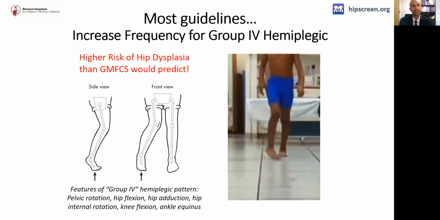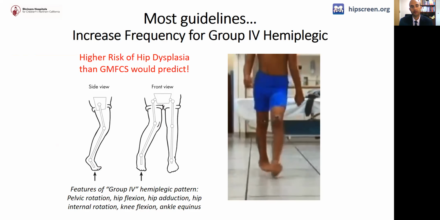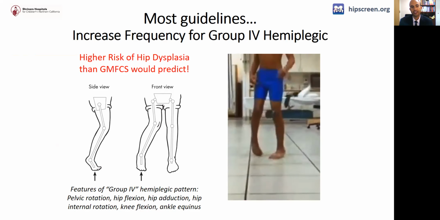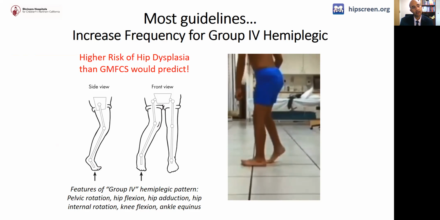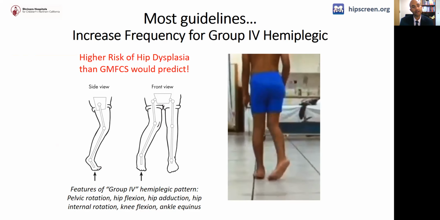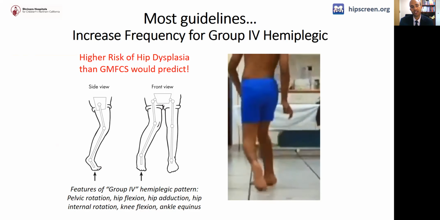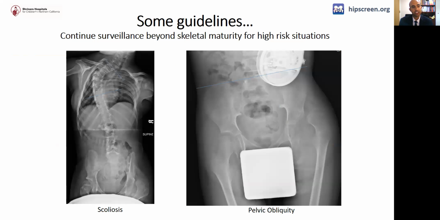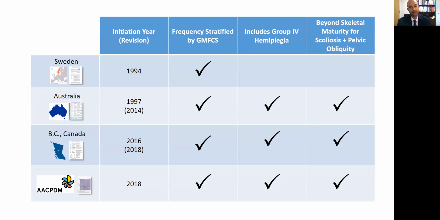Most guidelines increase the frequency for this particular group of children with hemiplegia, affecting half of their body, where they have a higher risk of hip dysplasia than their GMFCS would predict. And additionally, some guidelines will continue this surveillance beyond skeletal maturity for scoliosis and pelvic obliquity. This table outlines the initiation year for the 4 major hip surveillance programs and some of the commonalities, as you can see.